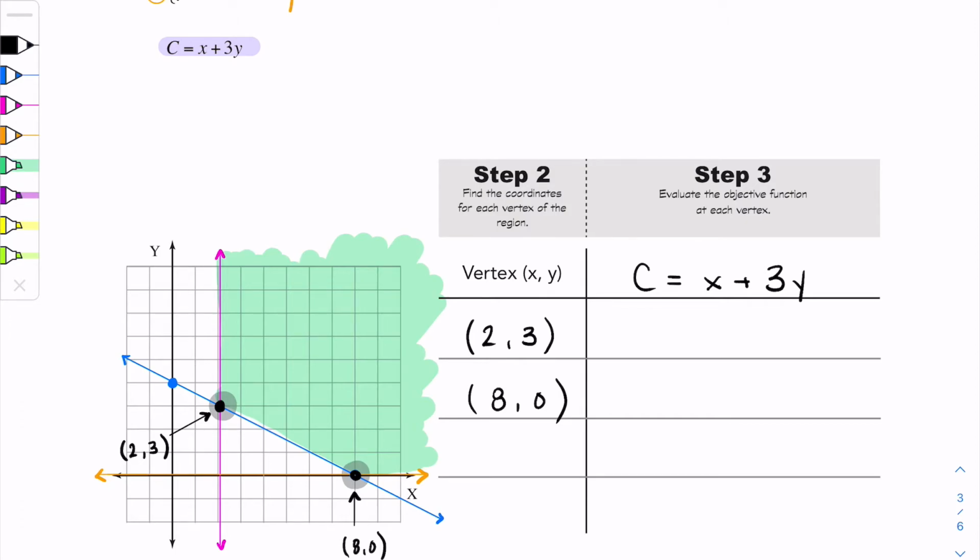I'm going to evaluate both of these points in this objective function. When I evaluate 2, 3, that gives me 2 plus 3 times 3. This is equal to 2 plus 9, or 11.